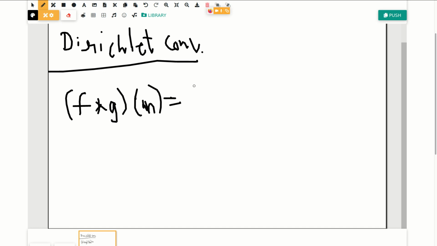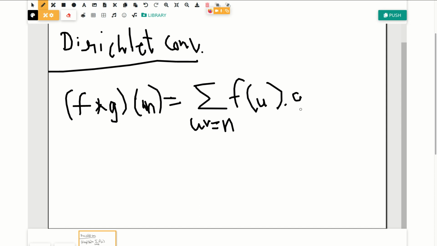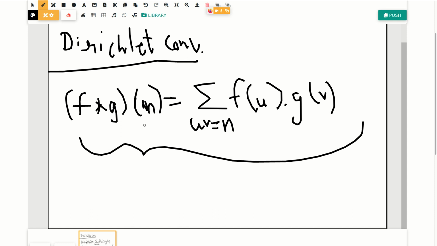And this is equal to sigma of uv equal to n, f of u multiplied by g of v. We call this value the Dirichlet convolution. Note that f and g may or may not be related in any way. It doesn't matter, but this is how we define the Dirichlet convolution.